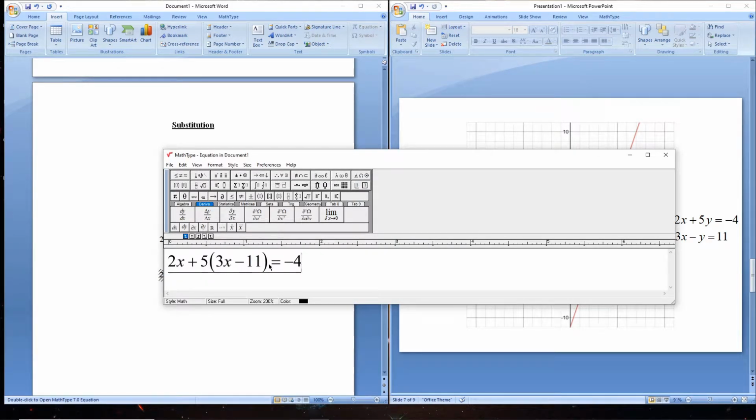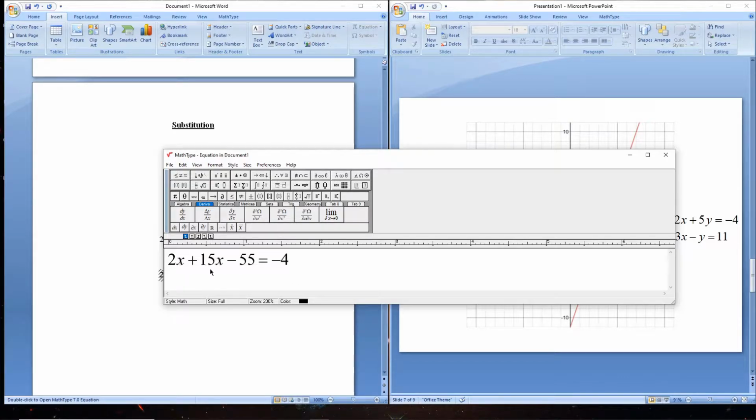So the first thing we'd have to do here is distribute. So 5 times 3, we're going to say 15x. And then 5 times the minus 11, we're going to say minus 55. And I'm just going to get that out of the parentheses now since we don't need the parentheses anymore. We'll gather like terms.